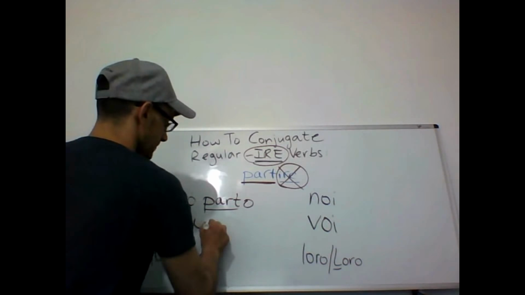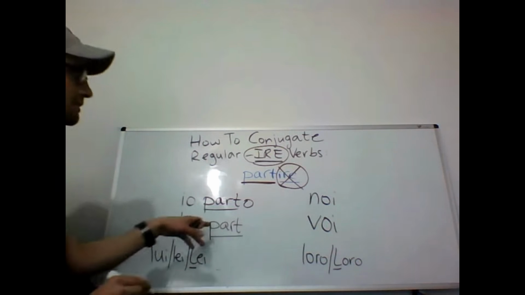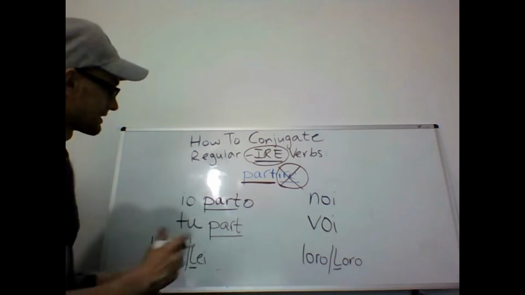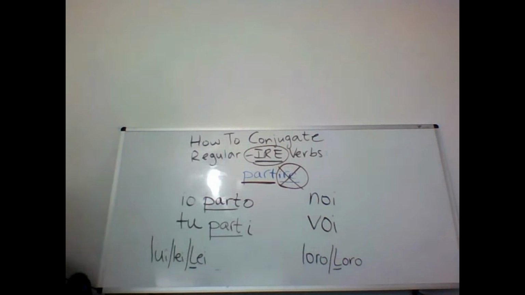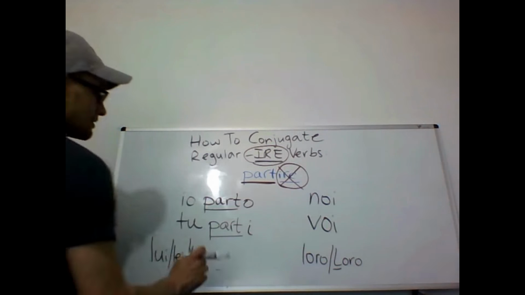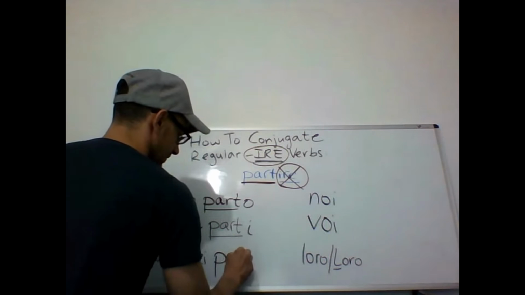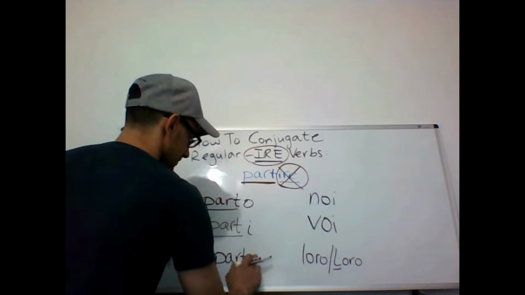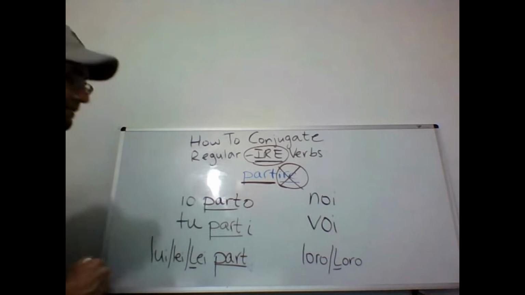For the tu form, I'm left with the stem, part. And I just got to add the ending, and I know that it's an I. Tu parti. You leave. And then lui, lei, again, left with the stem, part.